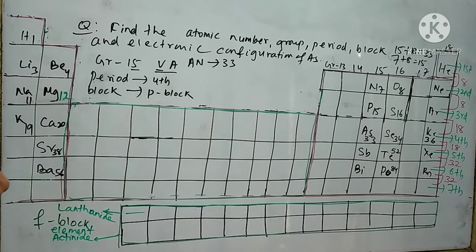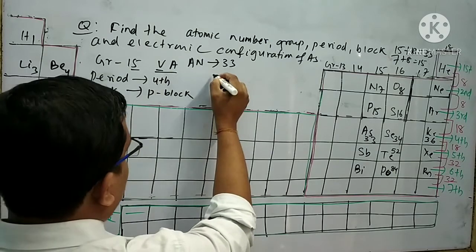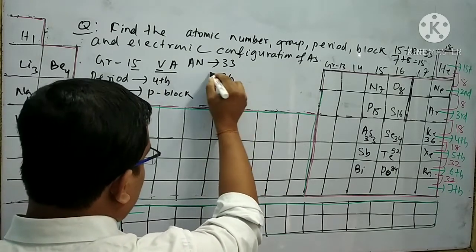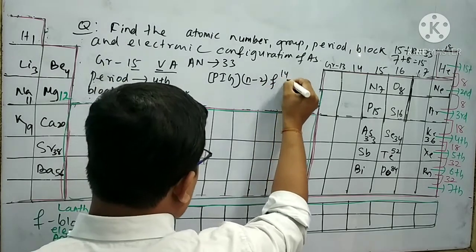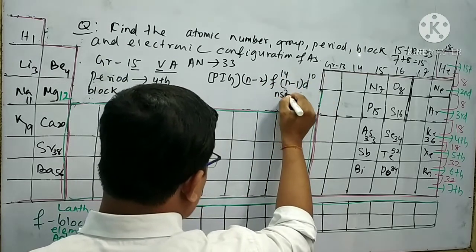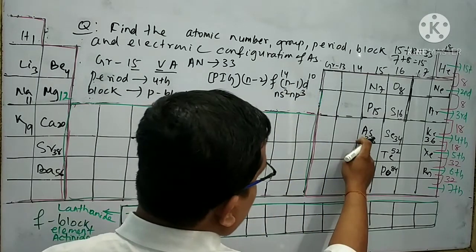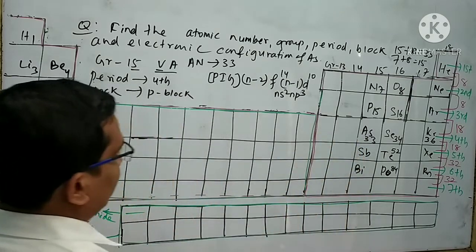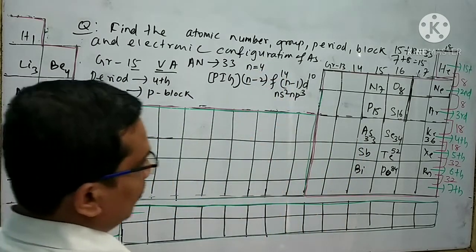We know that the general electronic configuration of group 15 is previous inert gas, (n-2)f14, (n-1)d10, ns2, np3. Since arsenic belongs to the fourth period, your n value is equal to 4.